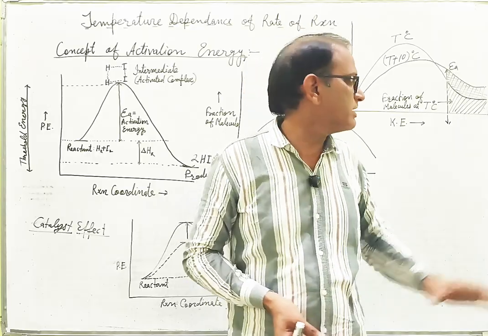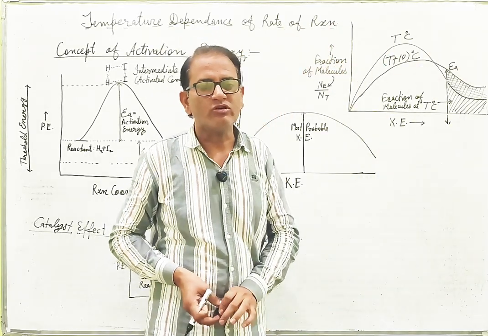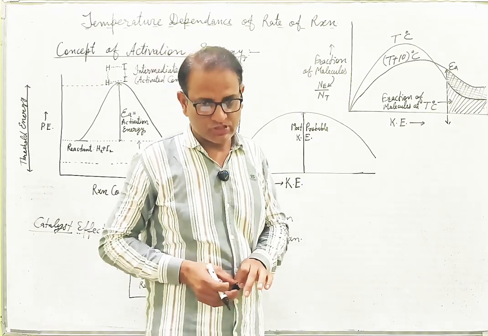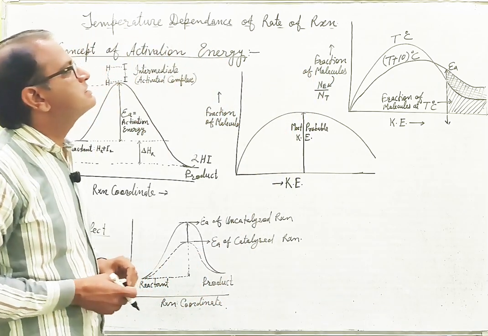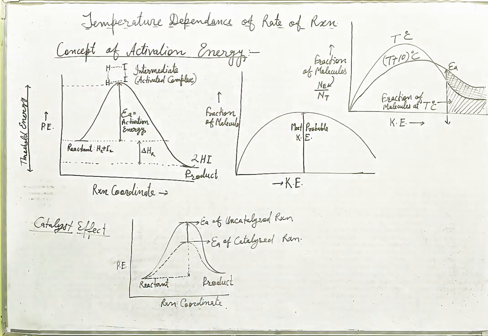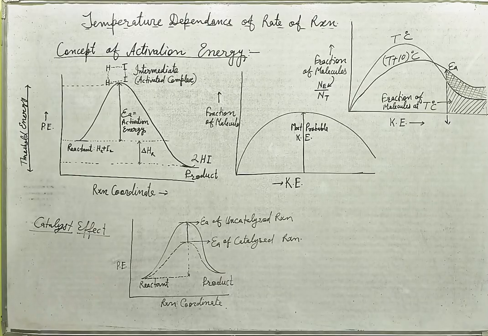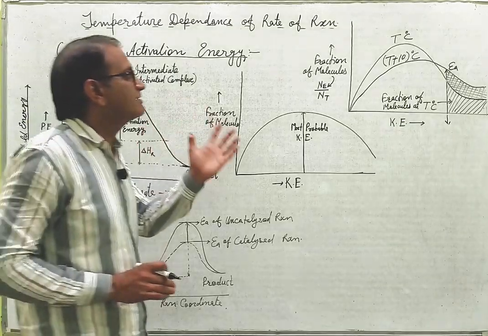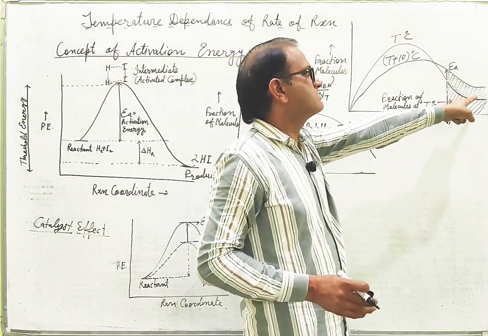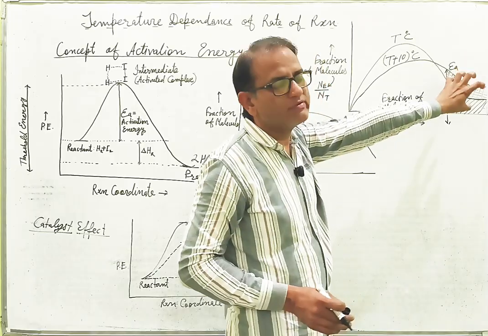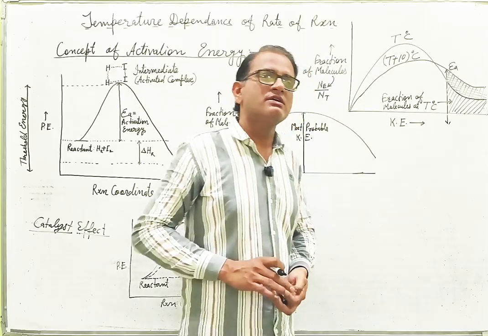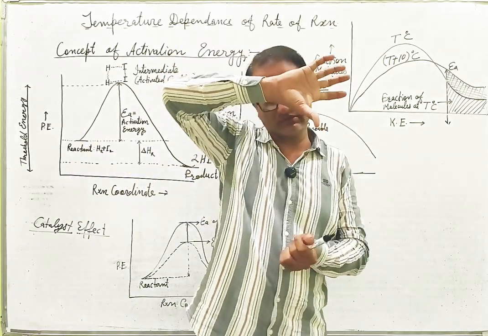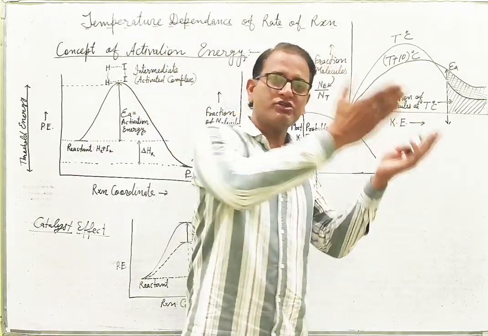Okay, and hence this Boltzmann distribution curve reveals the temperature dependency of reactants getting converted into product, and we can understand this very clearly: this extra fraction is observed when the temperature is increased by 10 degrees Celsius. Fraction means that part of molecules which are converting into product.